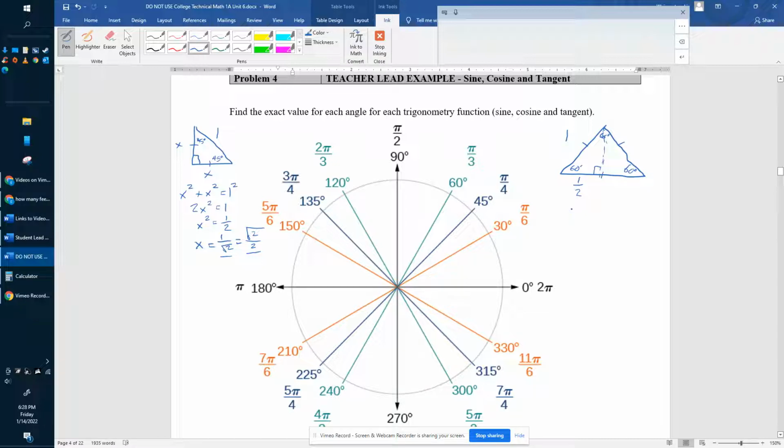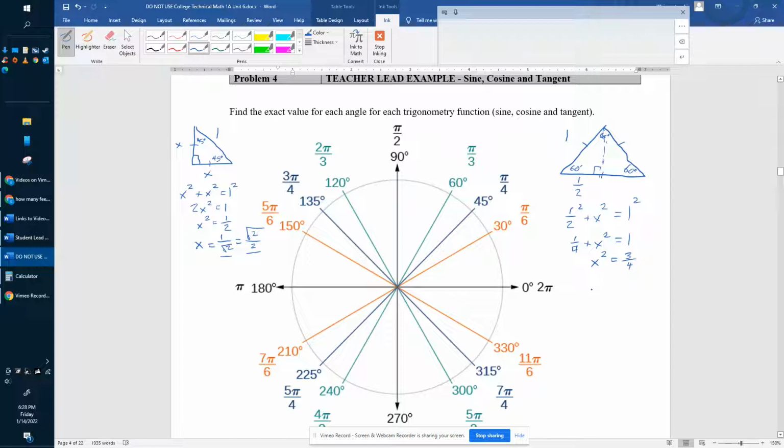So let's do that. So we have 1/2 squared plus x squared equals 1 squared. We have 1/4 plus x squared equals 1. Subtract 1/4 from both sides, we get x squared equals 3/4.